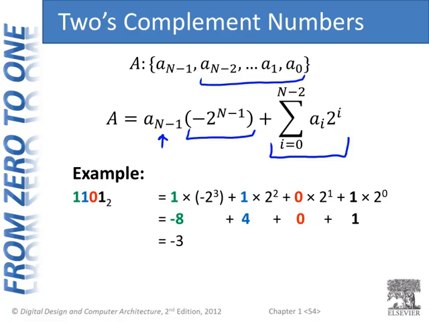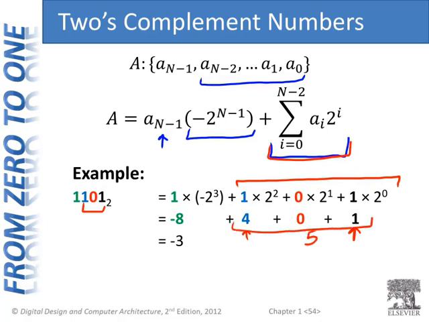So in this case, we look at our least significant bits and just add them up as we normally did in binary. We have a single 4, a 1 in the 4's place and a 1 in the 1's place, so we get 5.